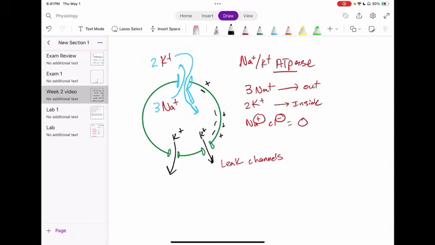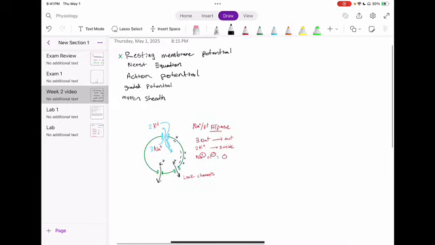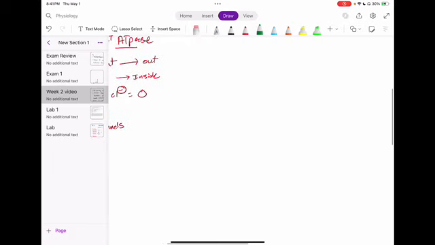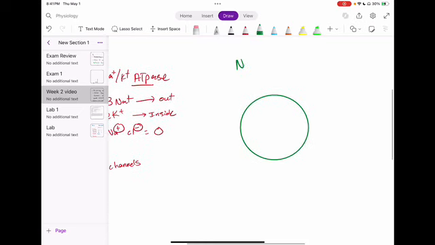This is something that occurs all throughout the cells, and we're going to talk about it a little bit more as pertaining to the Nernst equation. The Nernst equation is not a perfect equation, but it is 61 times the log of the concentration outside the cell over the concentration inside the cell, with the 61 being divided by the charge.